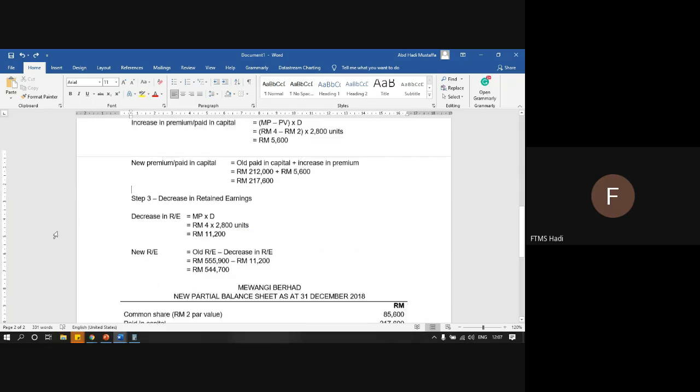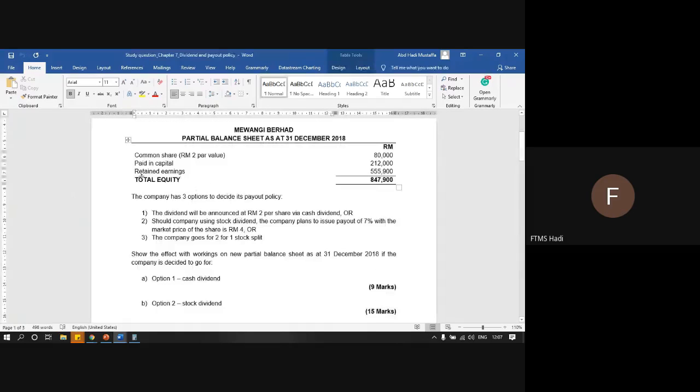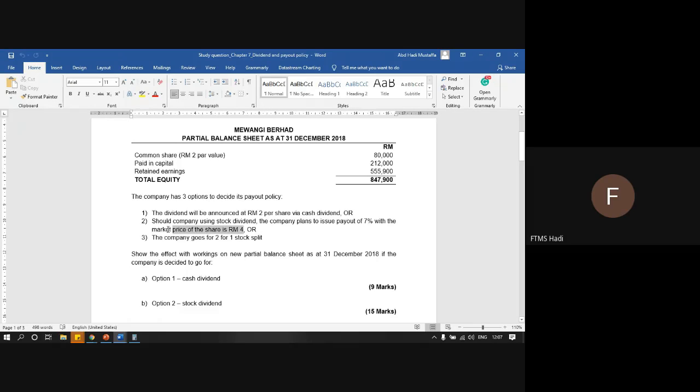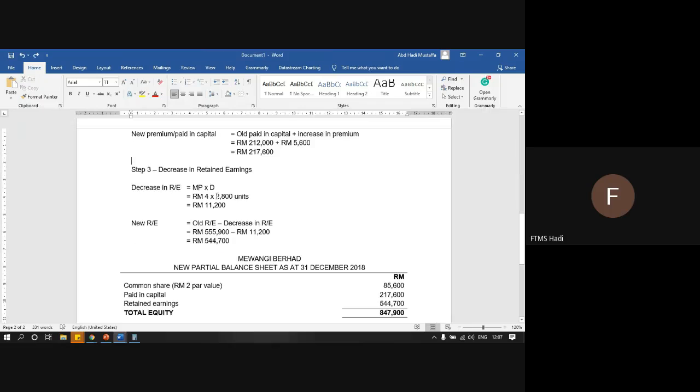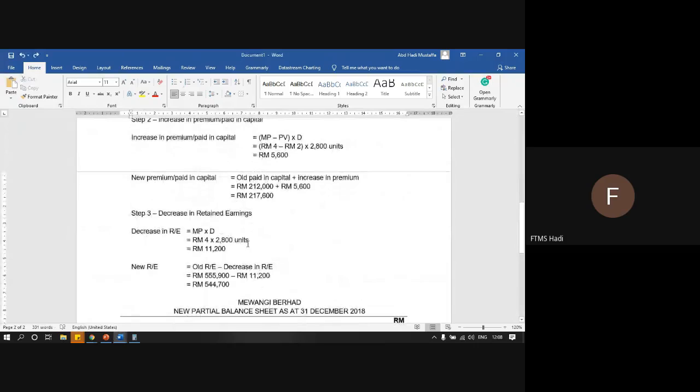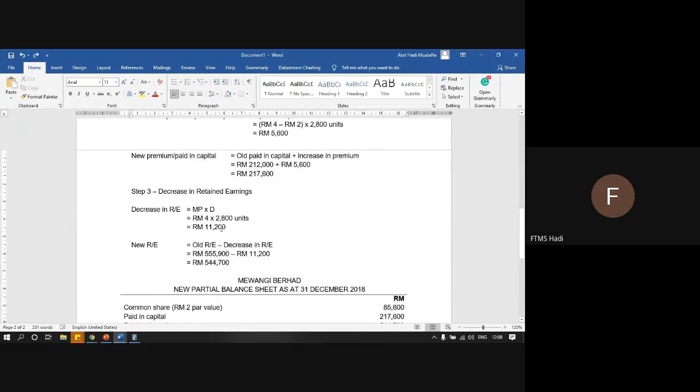Okay. The third part, decrease in retained earnings. You need to reduce this one. So to find the amount of the decrement of RE, which is MP multiplied by D, MP already stated is RM4. Multiplied by 2,800, earlier stated in this one, D, which is equal to 11,200.